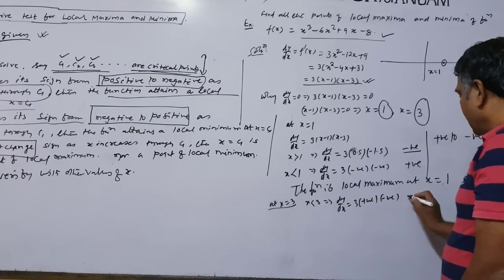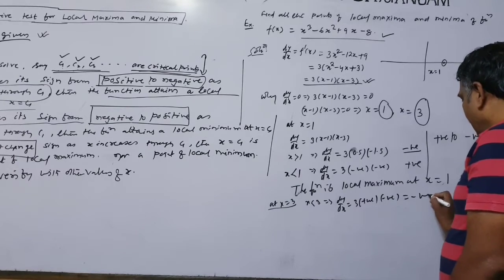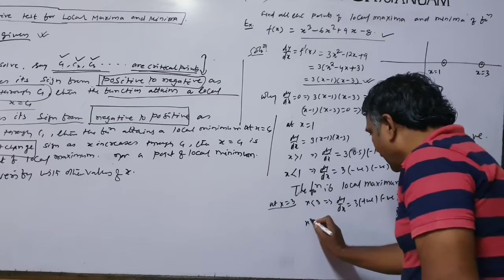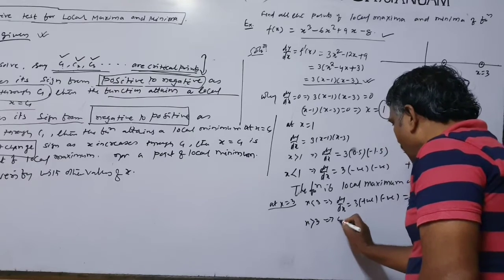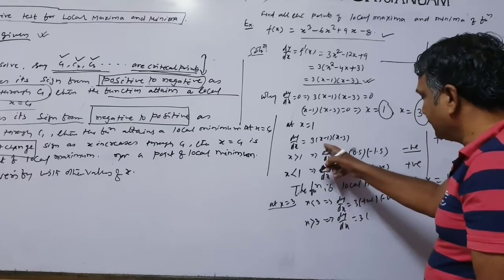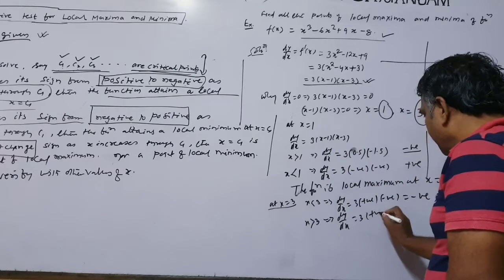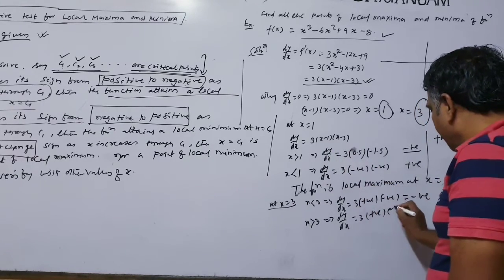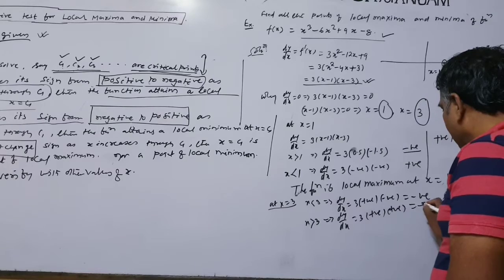The product is negative. Now x is greater than 3. What is dy by dx? Greater than 3 means this is positive, this is also positive. Now positive.